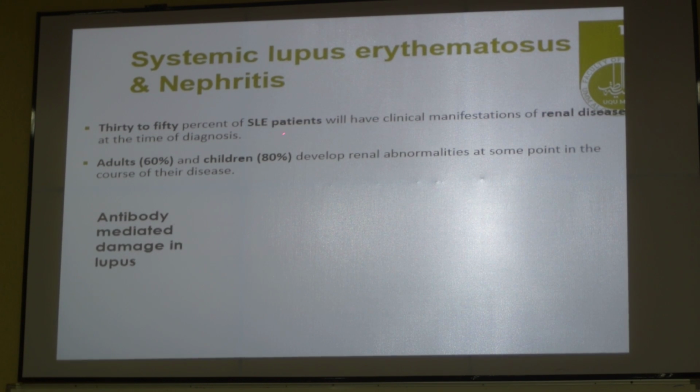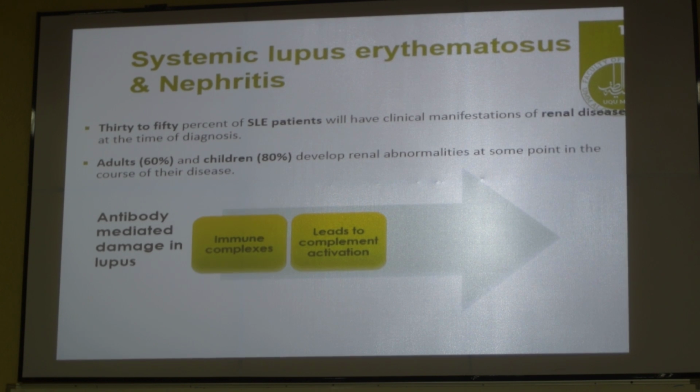Now, a special thing about SLE patients is that 30 to 50% of the patients have lupus nephritis at the time of presentation, out of which 60% are adults, 80% are children. And what is the stepwise mechanism? Immune complex formation leads to complement activation, leukocyte infiltration, and finally the release of various cytokines will cause damage.